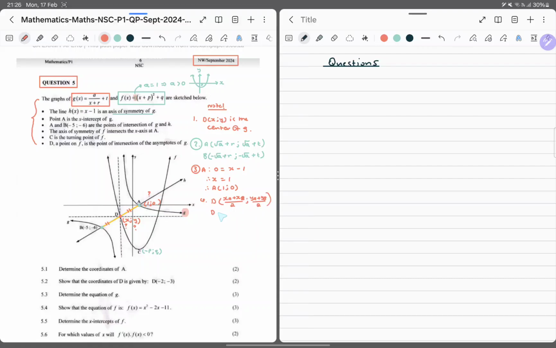And so D is going to be, we now know that this is 1 minus 5 over 2 is to 0 minus 6 over 2. Therefore, we know that our D is going to be minus 2 is to minus 3. Can you see? Now we know the coordinates of D by just working with the piece of information given. So this is minus 2 is to minus 3.